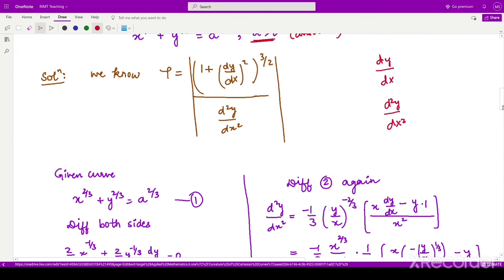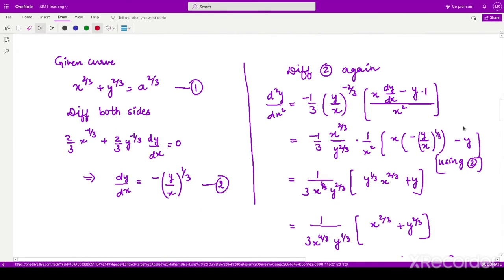So how can we do that? We will just differentiate our given curve. This is the given curve. When you differentiate it with respect to x, the derivative of x to the power 2 by 3 comes out to be 2 by 3 x raised to power minus 1 by 3, plus the derivative of the second term, which is 2 by 3 y raised to power minus 1 by 3, and then the derivative of y with respect to x using the chain rule, and this being constant, its derivative is 0.